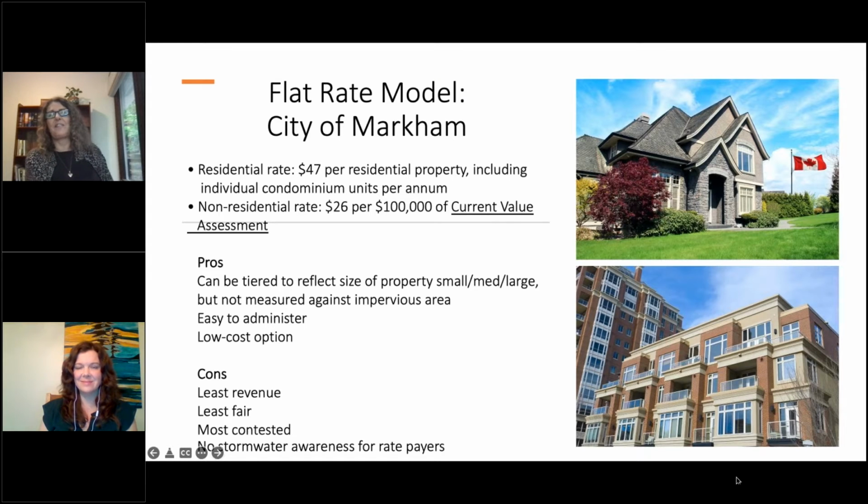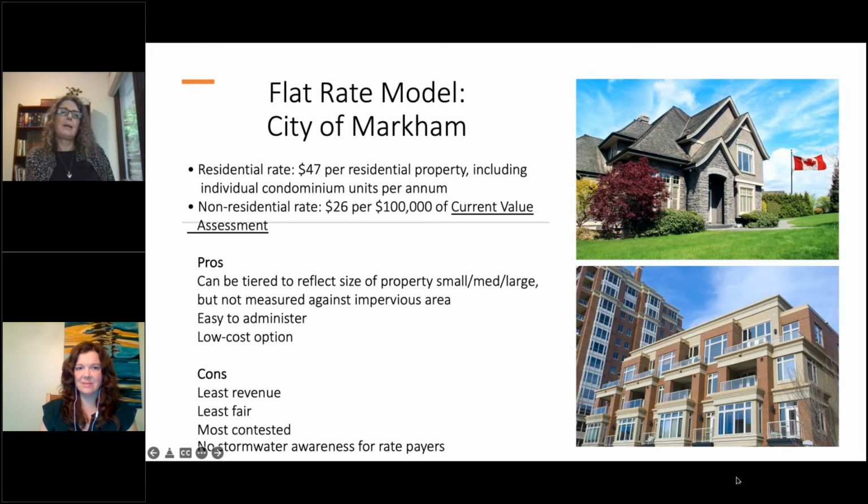So Canada, for example, with a flat rate, here's the city of Markham. They charge $47 per residential property, including individual condominium units per annum. And obviously for non-residential, it's higher, it's $26 per 100,000 of the current value assessment.